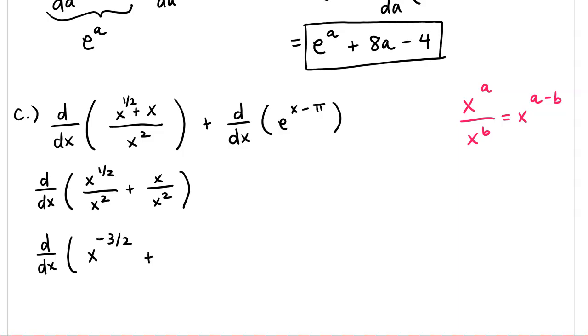And then x over x squared, that is the same thing as x to the negative 1 power. Now here, I'm going to split this up into e to the x power times e to the negative pi power, and then e to the negative pi is a constant, which I can pull out.